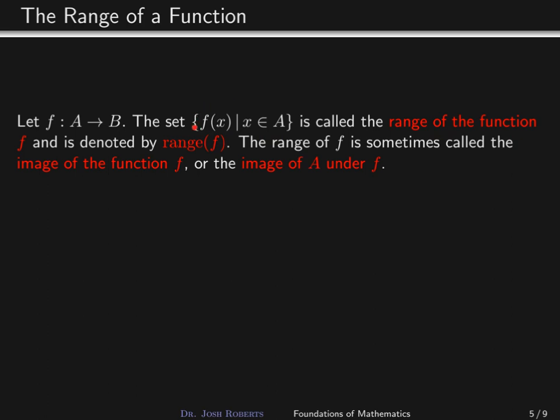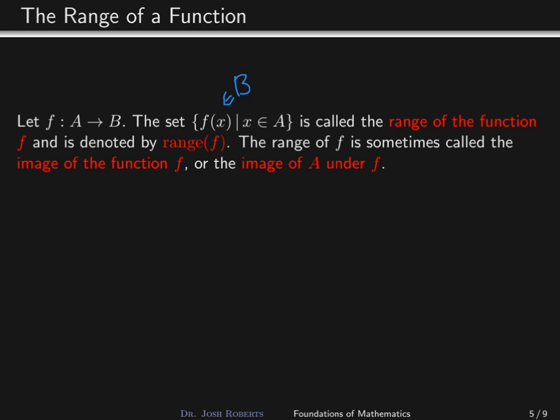So it's the set of all f of x's such that x is an element of A. It might be a good idea to keep in your head, you don't have to write this out, that these f of x's are all elements of B. The range is sometimes called the image of the entire function. A second ago we talked about images of elements. The range is the same thing as the image of the function, or the image of A under f.